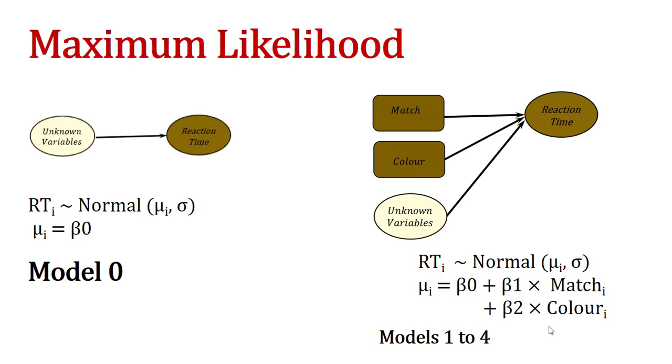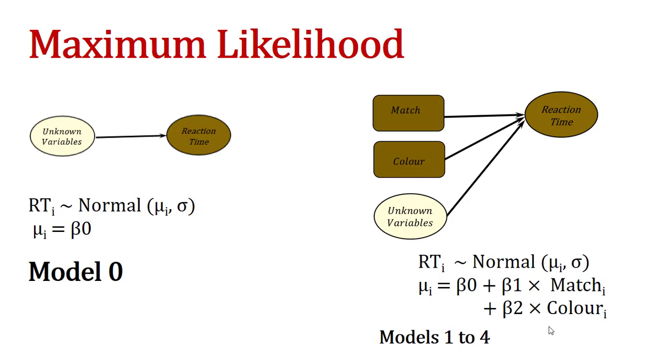Okay, it seems very difficult, but I'm going to explain it in an easier way. In this case we've got an effect of match on reaction time. Let's say that when there is match, the reaction time is reduced. So we expect the mean reaction time when there is match to be lower than when there is no match.